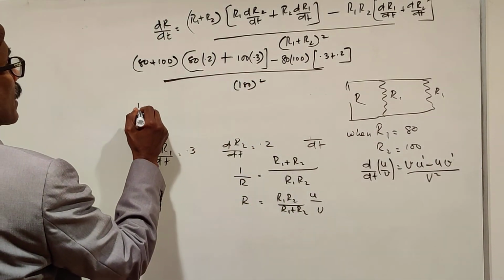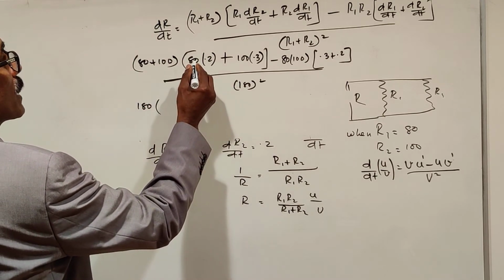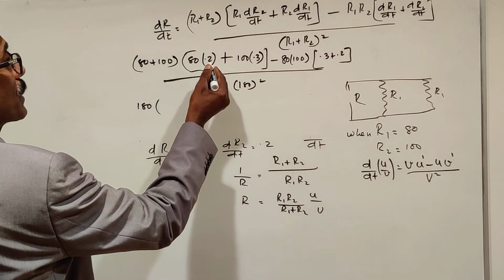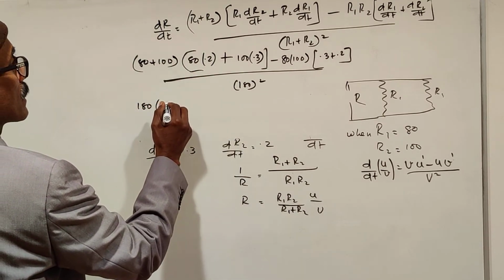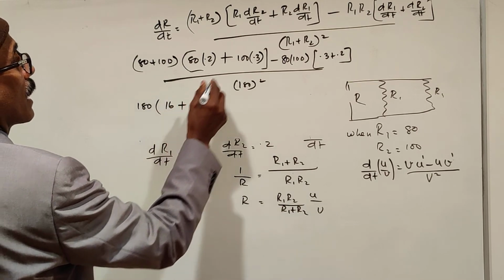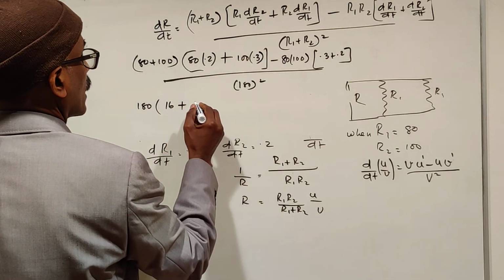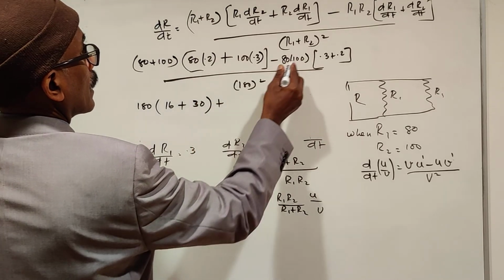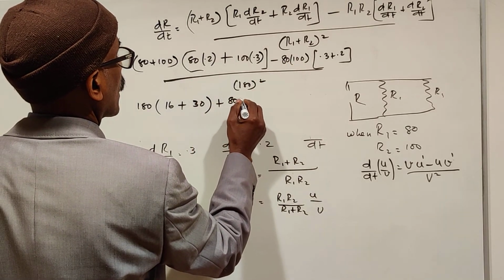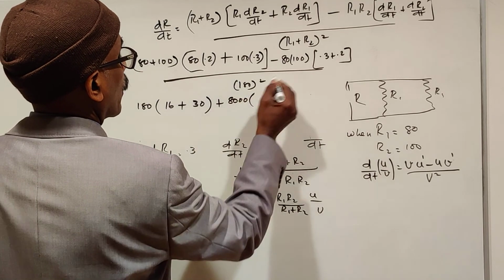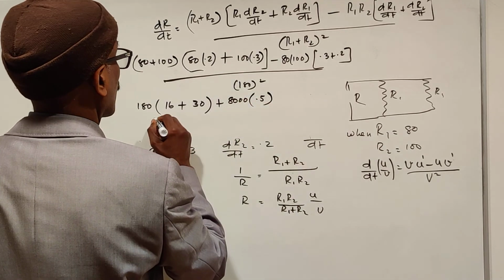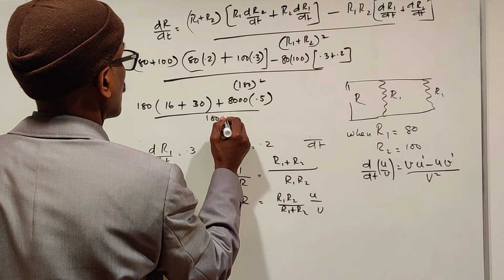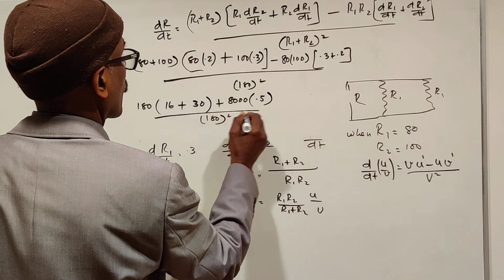What is 80 times 0.2? 16. Plus 100 times 0.3, 30. Minus 8000 times 0.5 divided by 180 square.